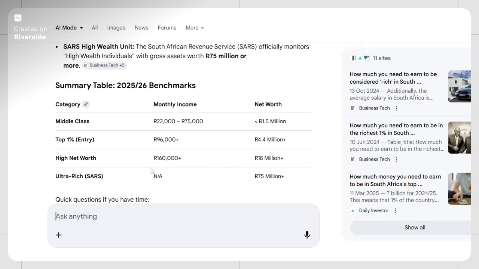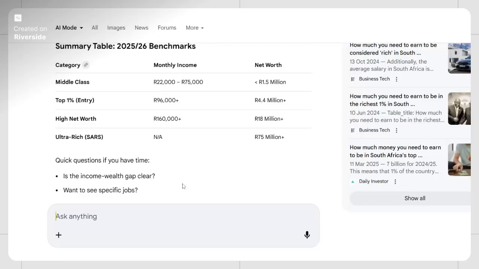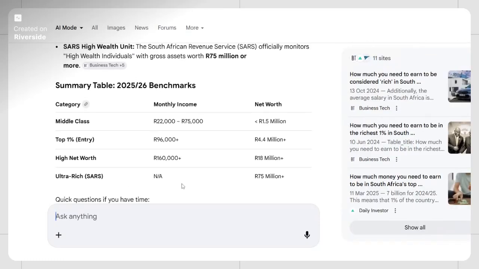And the high net worth, 160,000 rand plus, 18 million, ultra rich. So for you to be qualified to be rich in South Africa, you have to be in the top 1%, the elite. In the top 1%, you need to make at least 160,000 rand per month to be considered rich in South Africa.